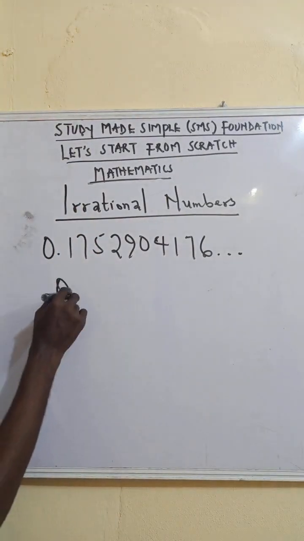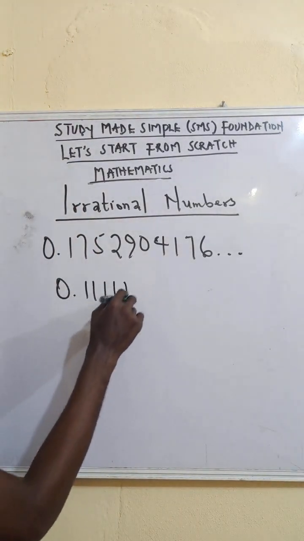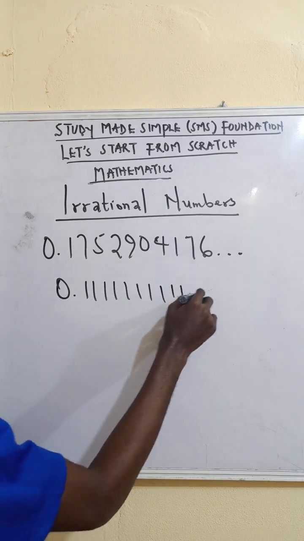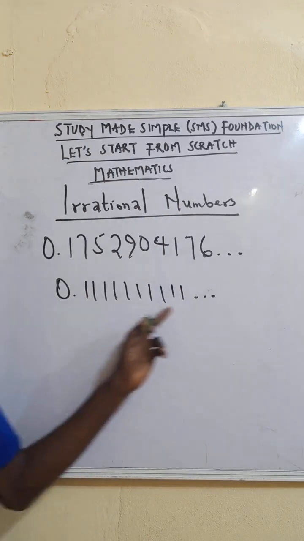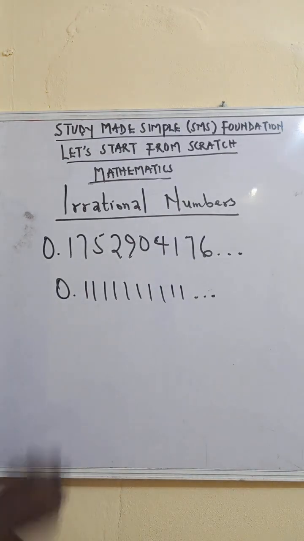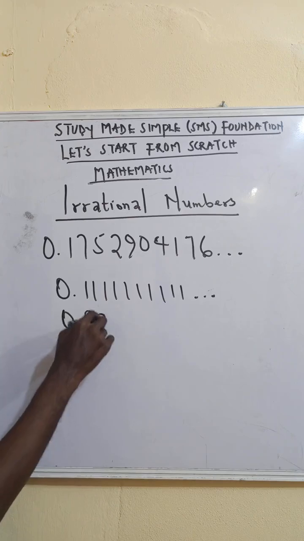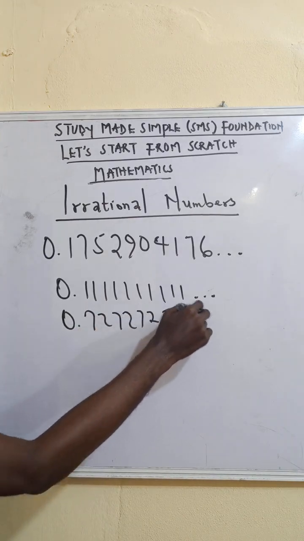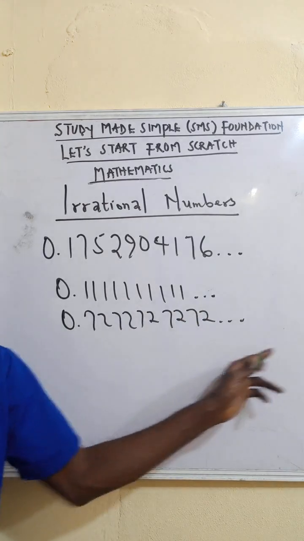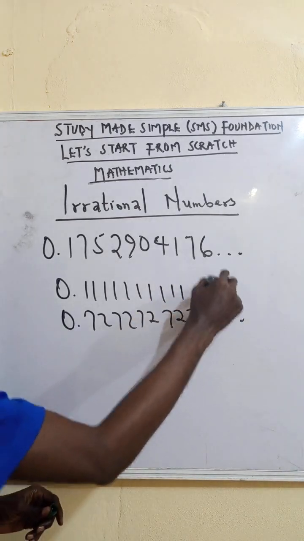Unlike something like 0.111111111, let's say the one continues. This one is rational because there is repetition. Also, if you have 0.7272727272, this is also bringing a regular pattern. This is rational.